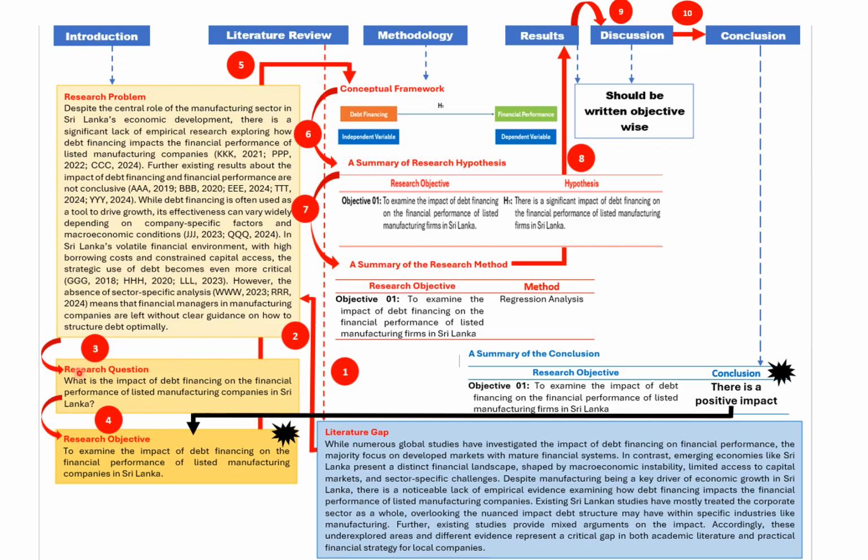Now, for an example, let's say under the literature gap, you have written like, while numerous global studies have investigated the impact of debt financing on financial performance, the majority focus on developed markets with mature financial systems. In contrast, emerging economies like Sri Lanka present a distinguished financial landscape shaped by macroeconomic instability, limited access to capital markets, and sector specific challenges.